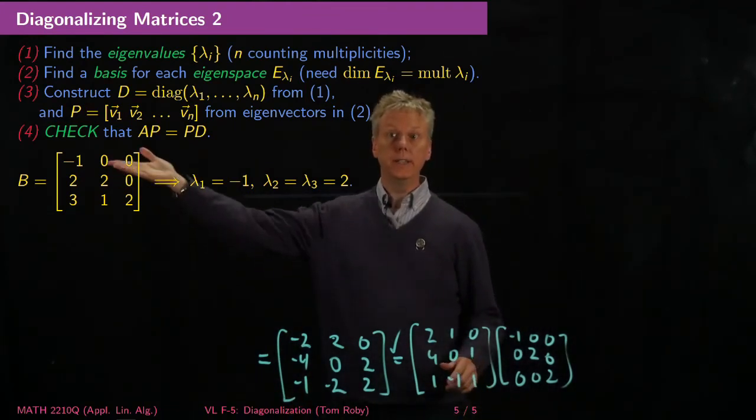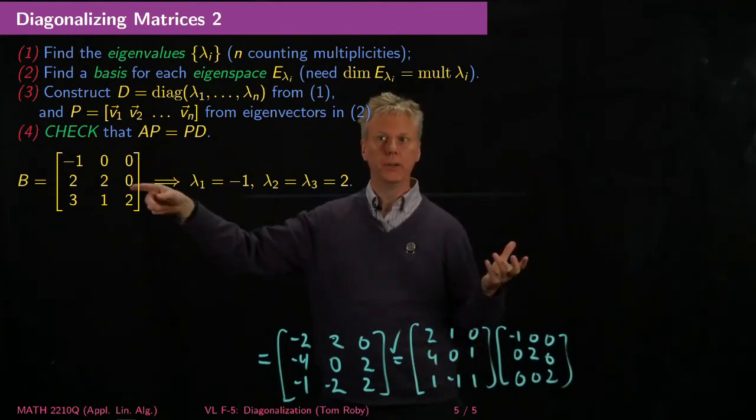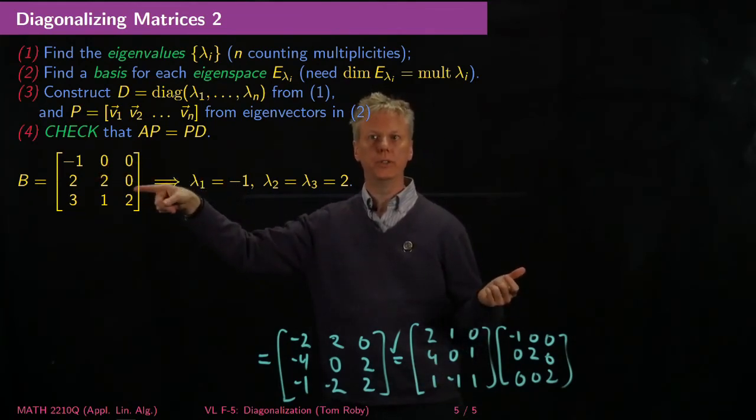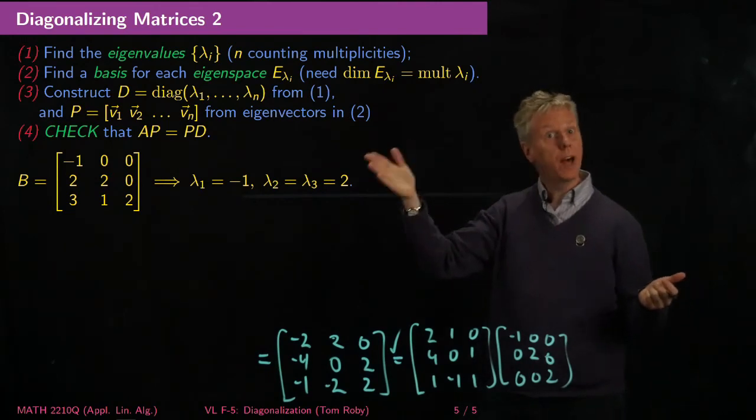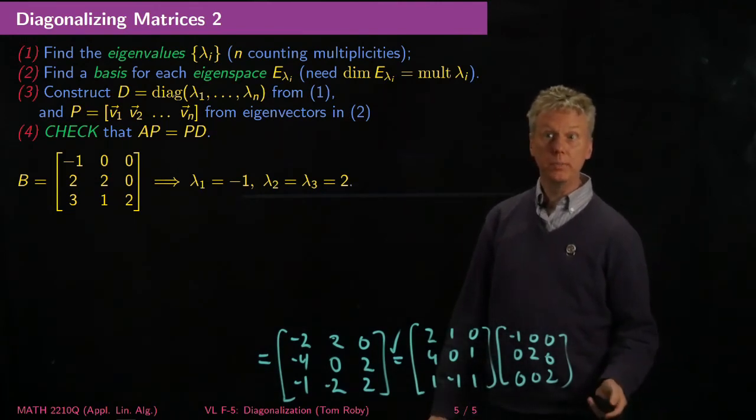And it's easy to see, again, because of triangularity, I don't need to do a characteristic polynomial, that the eigenvalues are negative 1, 2, and 2. So the same eigenvalues that I had before. But computing the eigenvectors could be different.